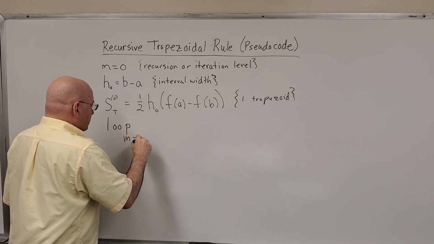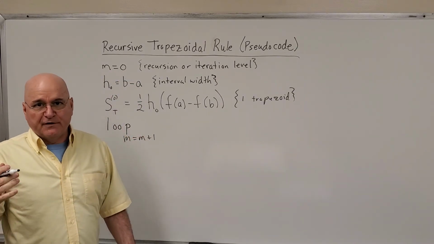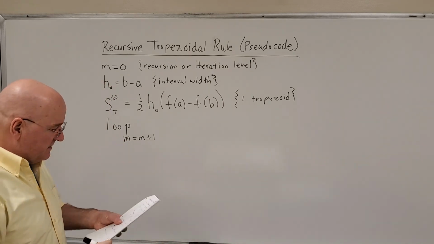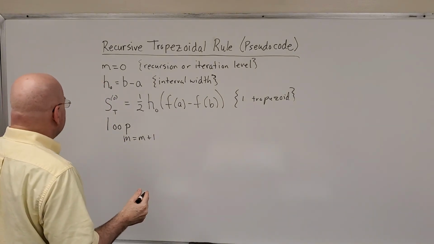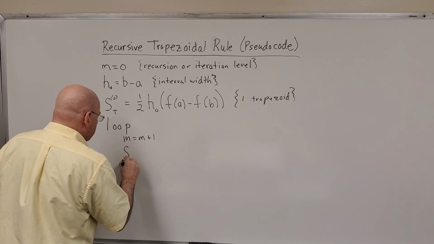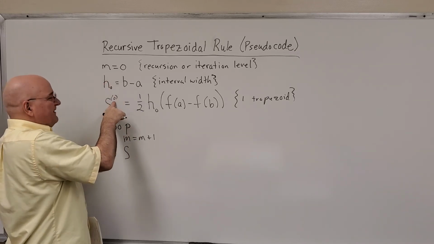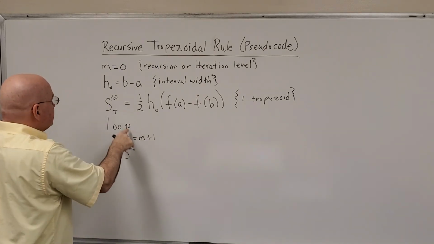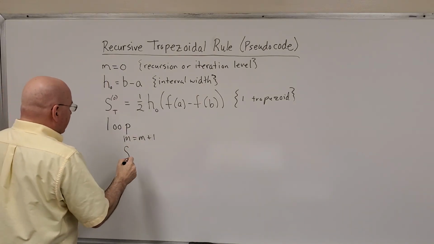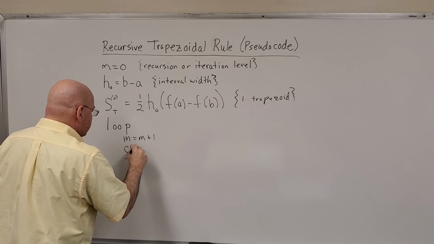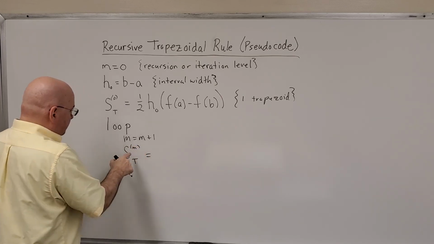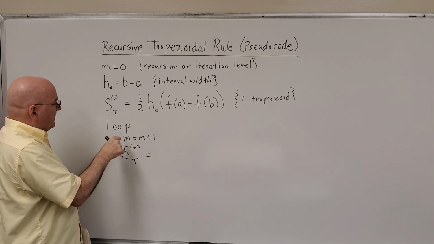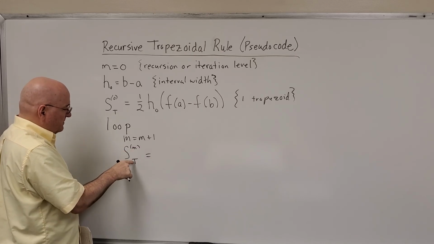So now we're going to do a loop where m is my recursion level, so I'm going to say m equals m plus 1. So now I'm getting into the second recursion level. If I call this the 0th, then this would be the first, because m just went from 0 to 1. And now I'm going to compute this sum, which is really S1, subscript t.